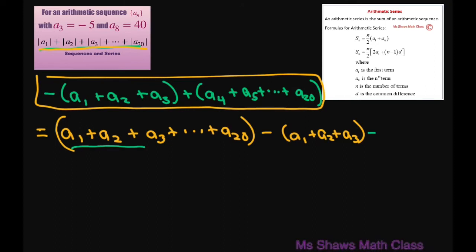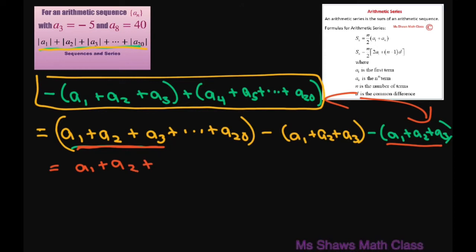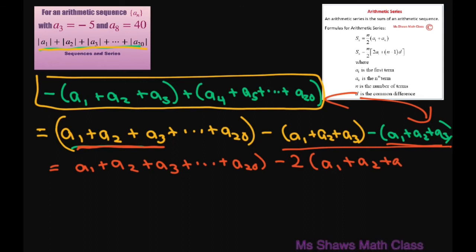Because what I did is I added this, so I have to subtract it back out. I'm trying to make these two look the same. So simplifying gives me a sub 1 plus a sub 2 plus a sub 3 plus ... plus a sub 20, and just add those two together. So it's going to be minus 2 times (a sub 1 plus a sub 2 plus a sub 3).